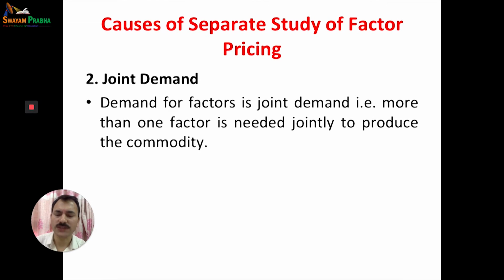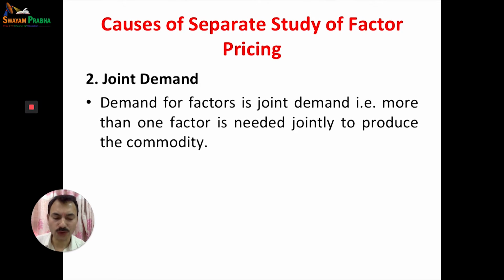One factor of production alone cannot produce the commodities. As per the Cobb-Douglas production function, land and labor are very important factors of production. If you use only one factor, maybe output will be zero. So for production, you need both these important factors, say labor and capital.